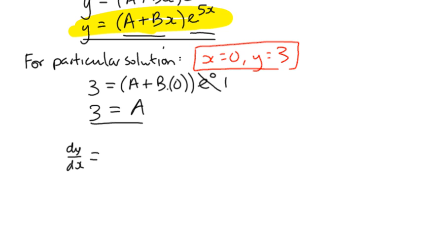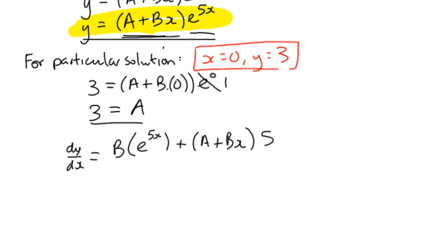I'm just going to do it quickly, if you want to write it out as u and v and u dash and v dash. We differentiate the first term, a plus bx differentiates just to b, multiplied by e to the 5x, plus we write down the first term and differentiate the second, e to the 5x differentiates to 5e to the 5x, so that's using the product rule.